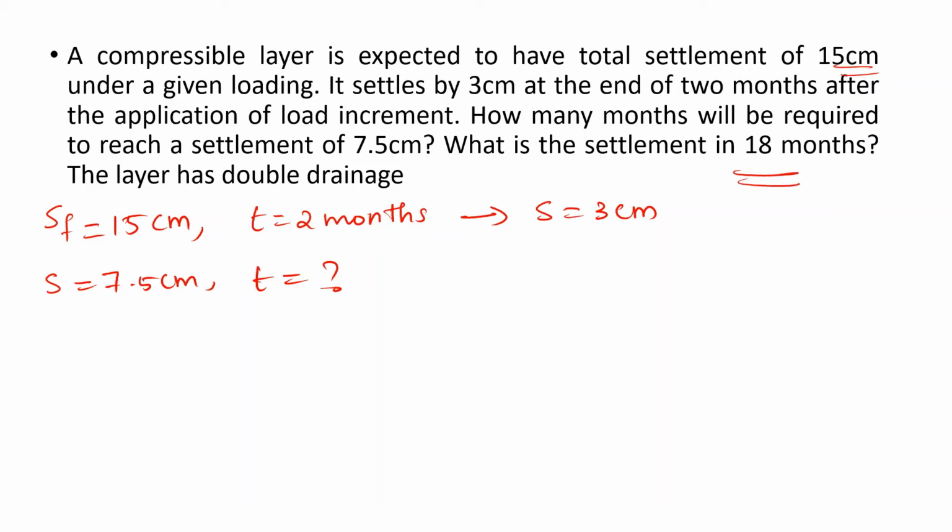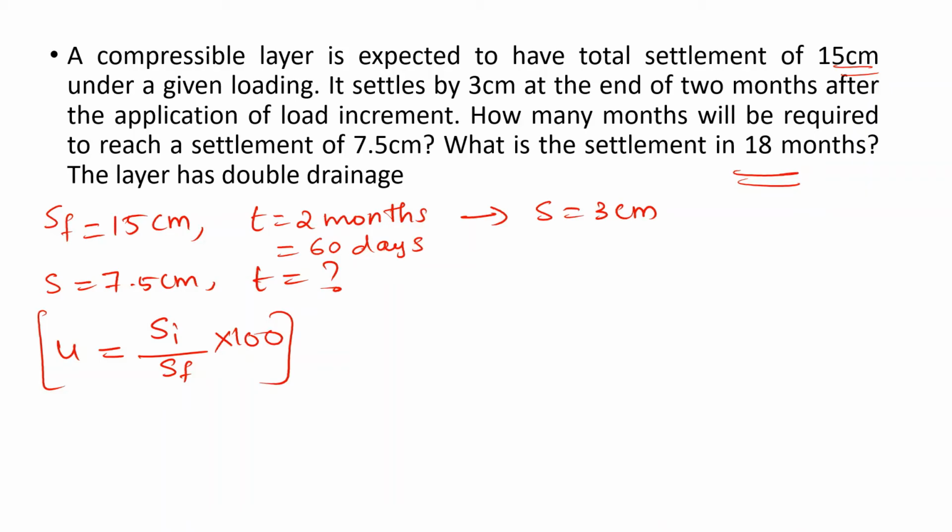First we have to convert these months into days. That is, 2 months means 60 days, and we know the relation between degree of consolidation and the settlement. We already learned that U is equal to settlement at any time divided by final settlement into 100. So here in the first case, in 2 months the sample settled by 3 centimeter.